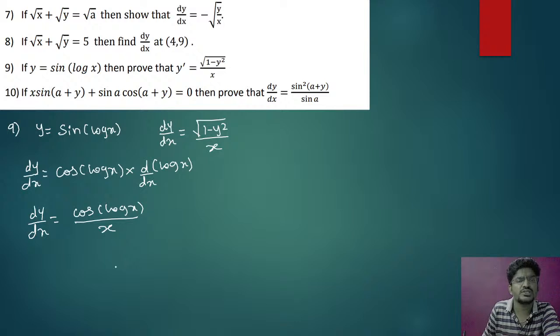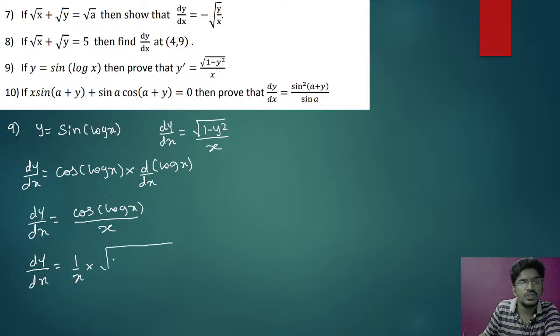So now from this you can just see that I can write it as dy by dx is equal to 1 by x as it is. So now cos I can write it as square root of 1 minus sine square of log x. See here, cos log x can be written as square root of 1 minus sine square log x.